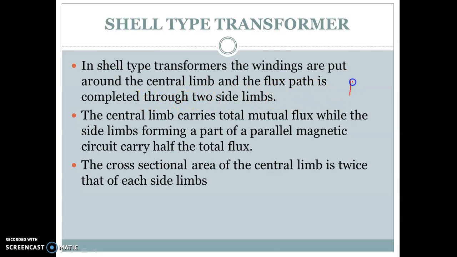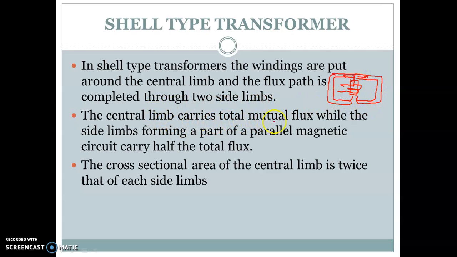The central limb is there, the windings are placed on the central limb, and there are two paths on the sides. When the flux comes in, half the flux goes to one side and half goes to the other.